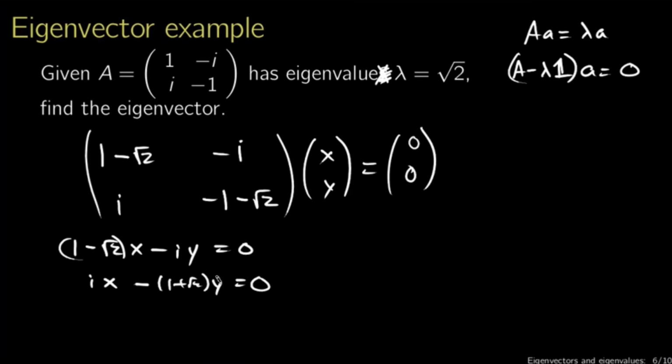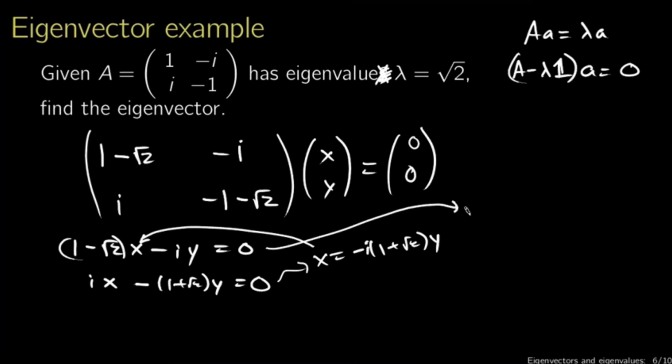And if, for instance, I rearrange this equation, which tells me that x is equal to minus i times 1 plus the square root of 2, y, and substitute this into this equation for x, what I end up with, and I'm writing it in the margins because you'll see this doesn't actually work, I end up with minus 1 minus the square root of 2 times 1 plus the square root of 2 times i, y, minus i y equals 0. And if you expand all this out, you find 0 equals 0.